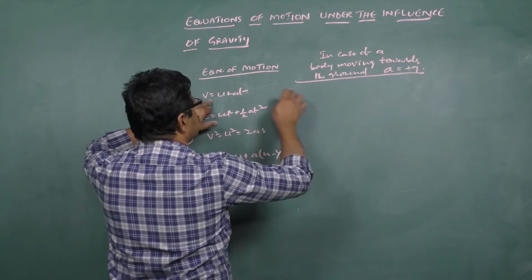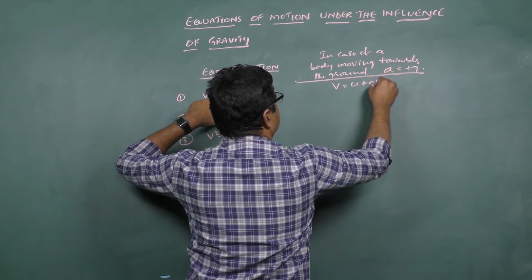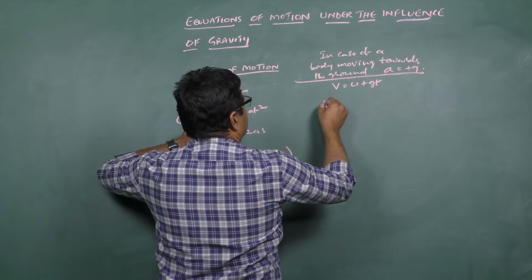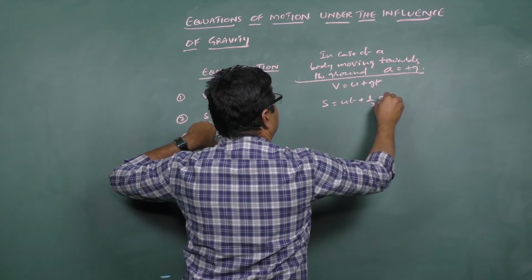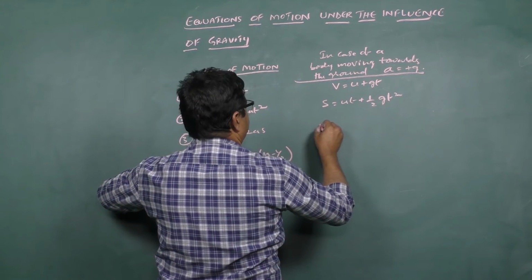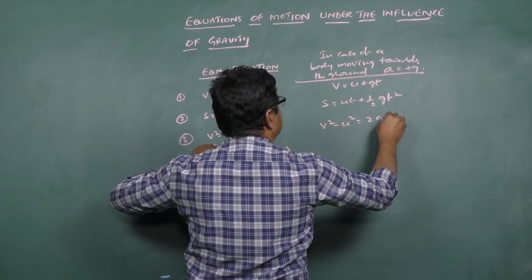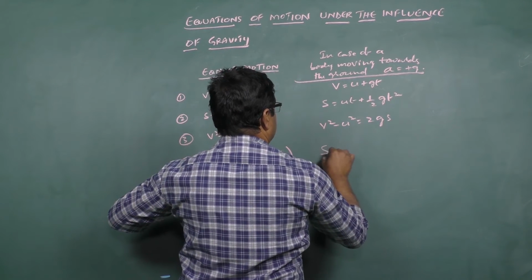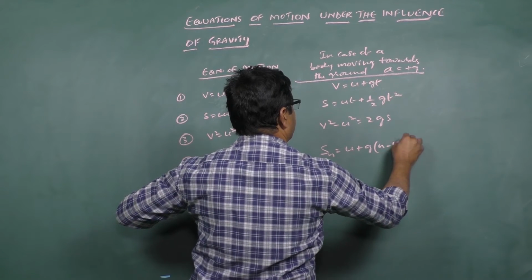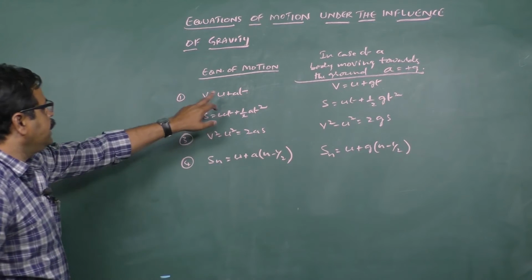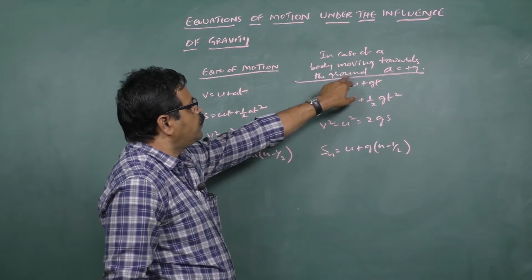Therefore, the equations change as V is equal to u plus gt, S is equal to ut plus half gt square, V square minus u square is equal to 2gs, and Sn is equal to u plus g into n minus half.